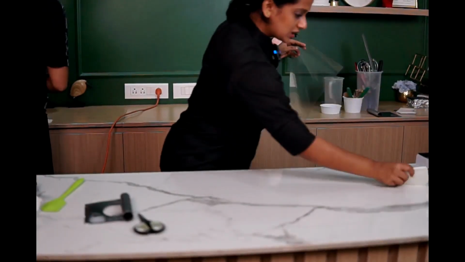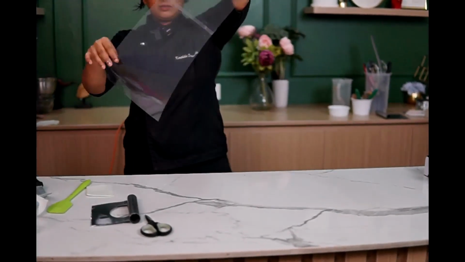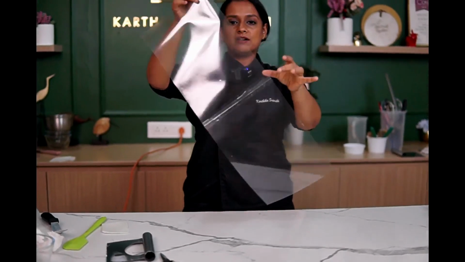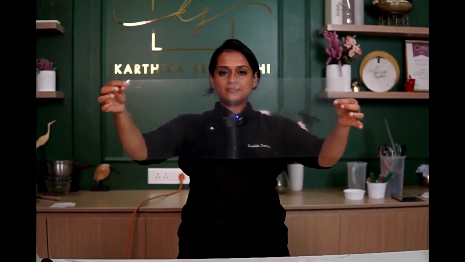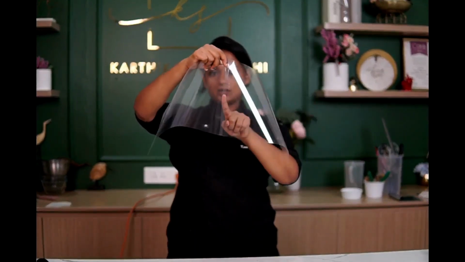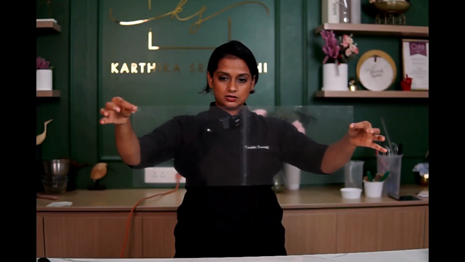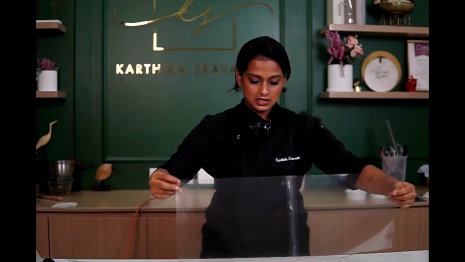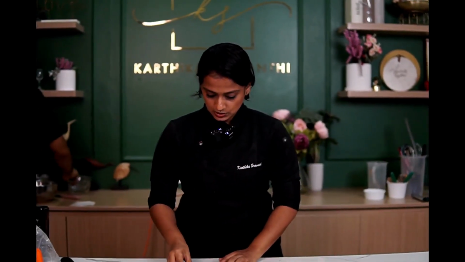Okay, so for the chocolate collar, what we are going to do is I have two A4 acetate sheets like this. Two A4 acetate sheets stuck in the middle here. Okay, got it? Clear? So I'm going to put it on the table and I'm going to use the blade.